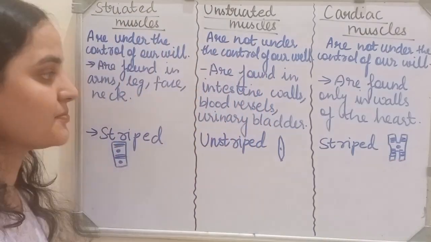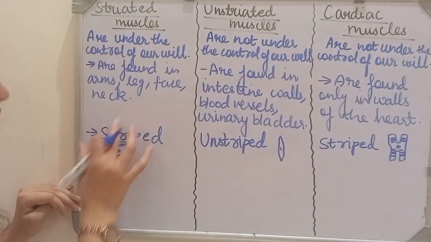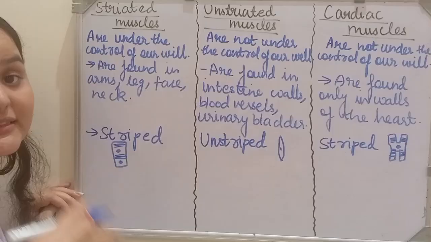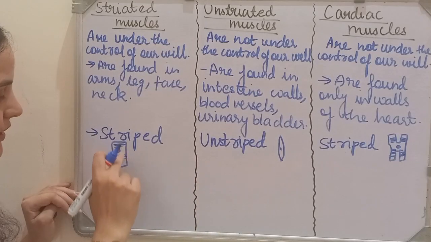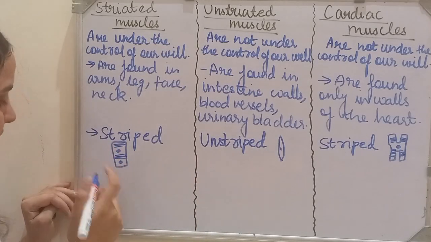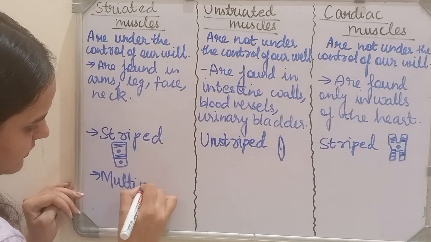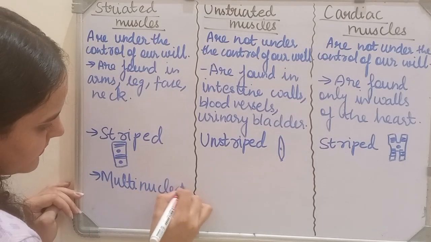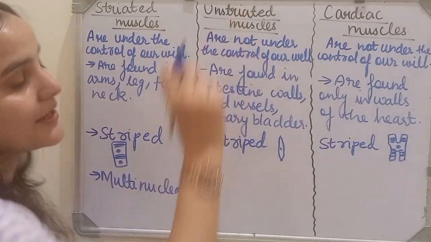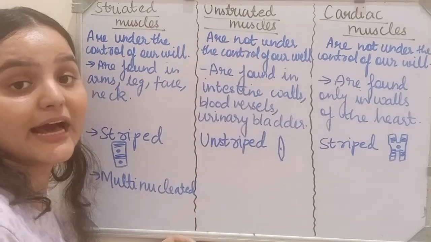Now let's see the next point about nucleus. So these striated muscles, they are multinucleate. You may see multiple nuclei present. Okay, so they are multinucleated. Whereas the unstriated muscles, they are uninucleated.